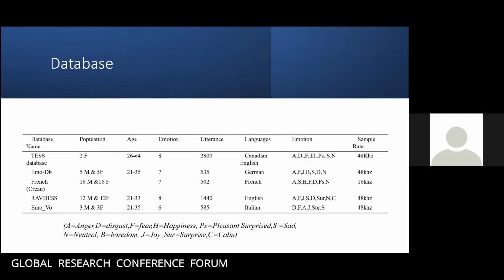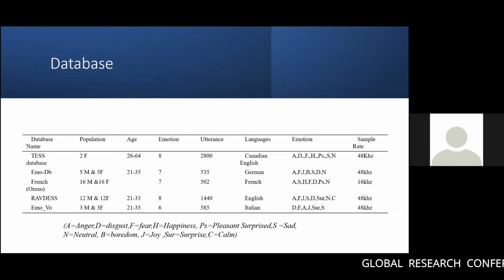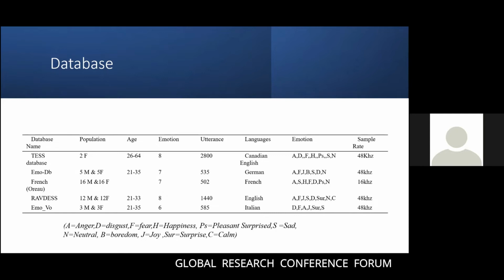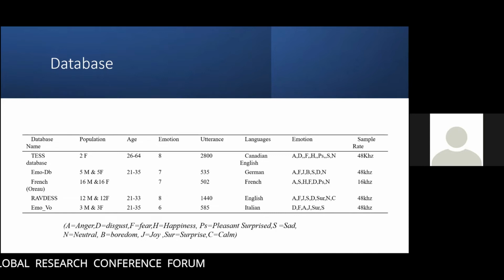Similarly, EMODB is a German database consisting of 5 male and 5 female speakers, aged 21 to 35, with 7 emotions and 353 utterances.